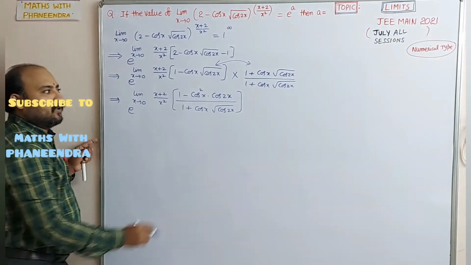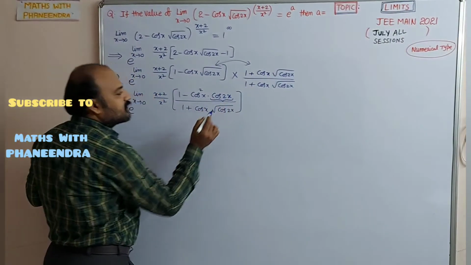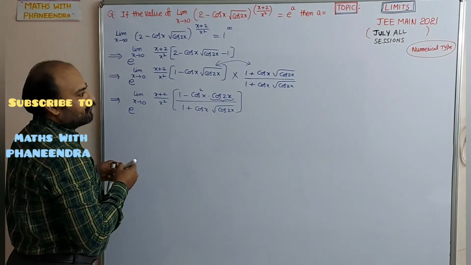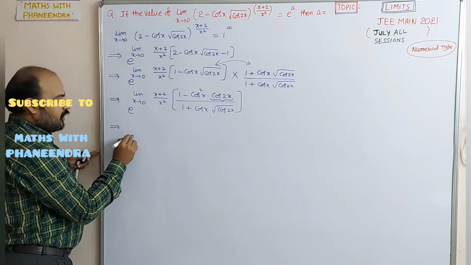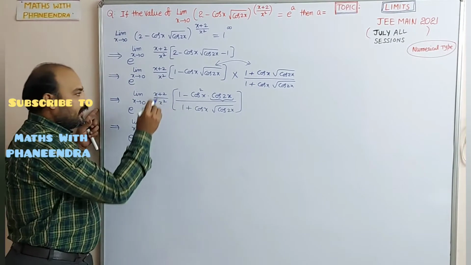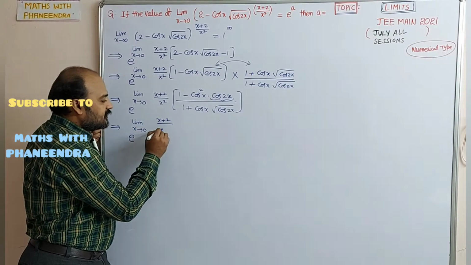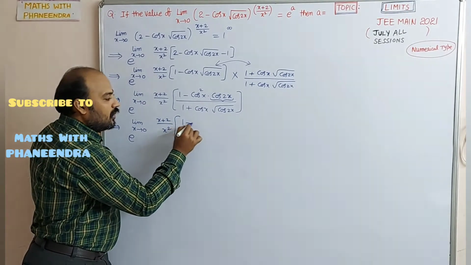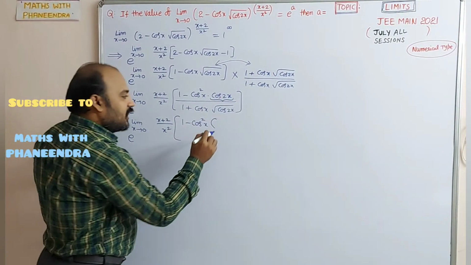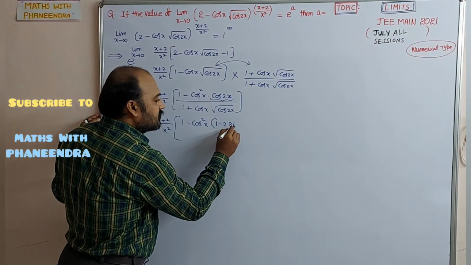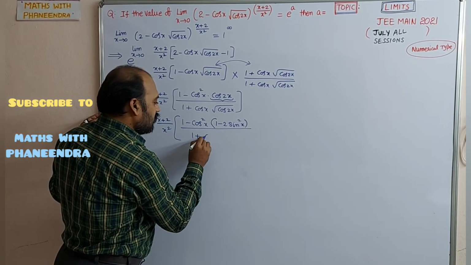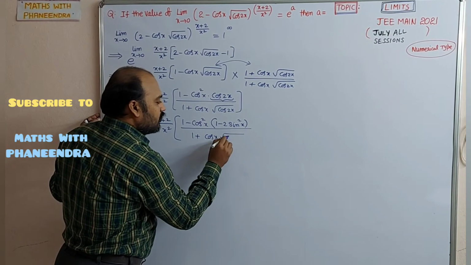In the next step, cos 2x in terms of sin you have to write it. See here, e power limit x tends to 0, x plus 2 divided by x square, 1 minus cos square x, cos 2x in terms of sin, 1 minus 2 sin square x, divided by 1 plus cos x into root over cos 2x.